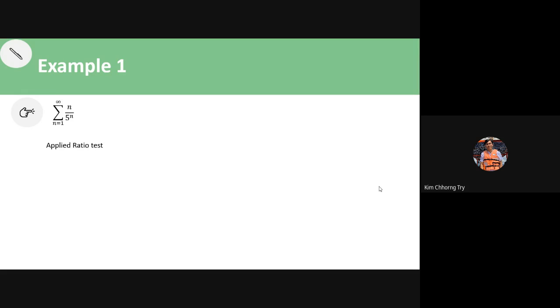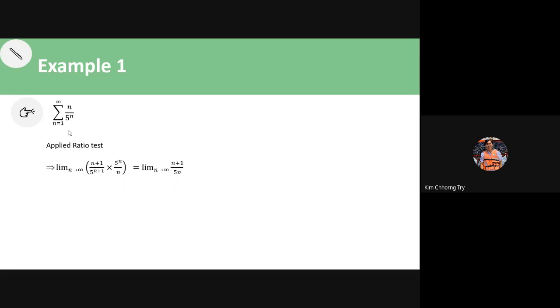Here a sub n is positive whenever n is greater than or equal to 1, so we can apply the test by taking the limit as n approaches infinity of a sub n plus 1 over a sub n.